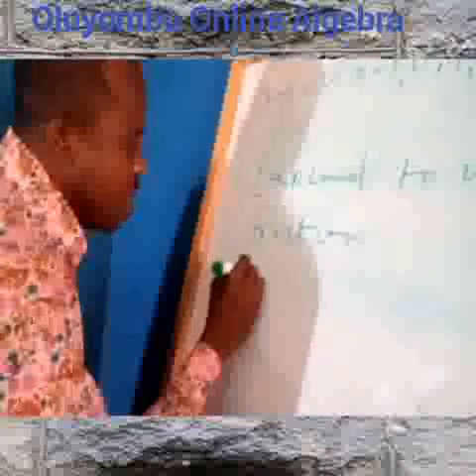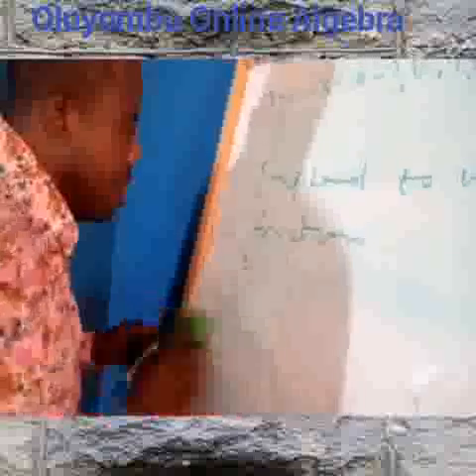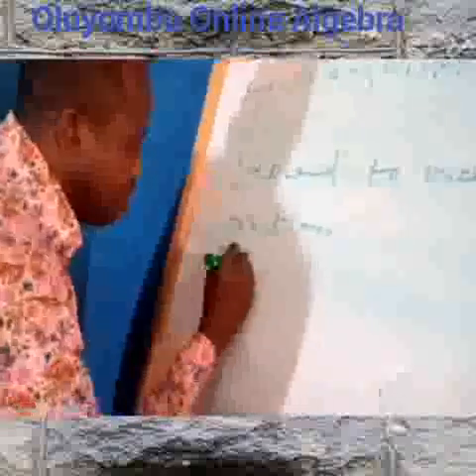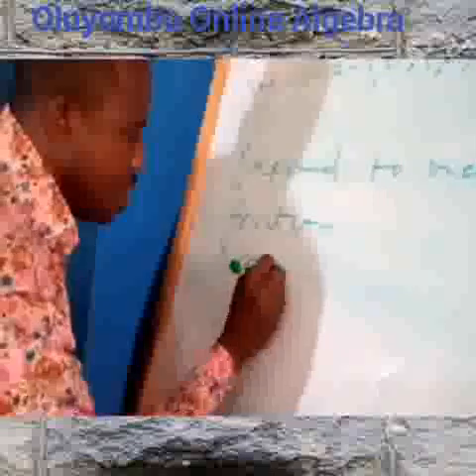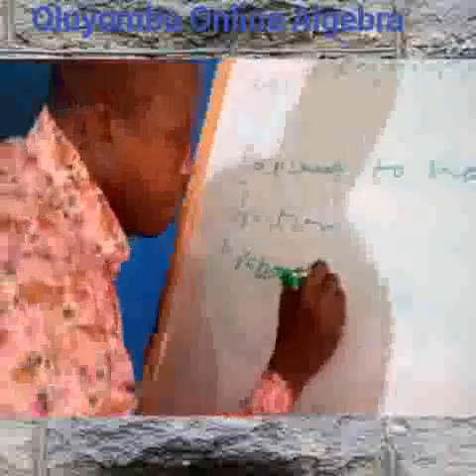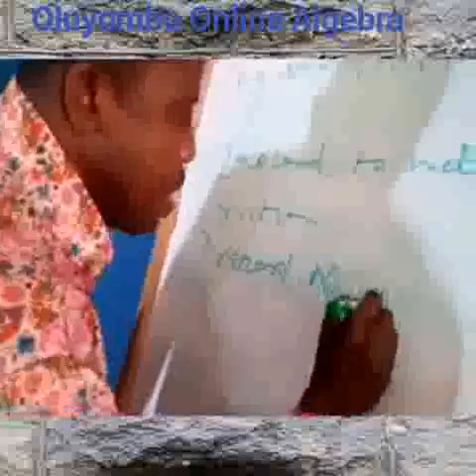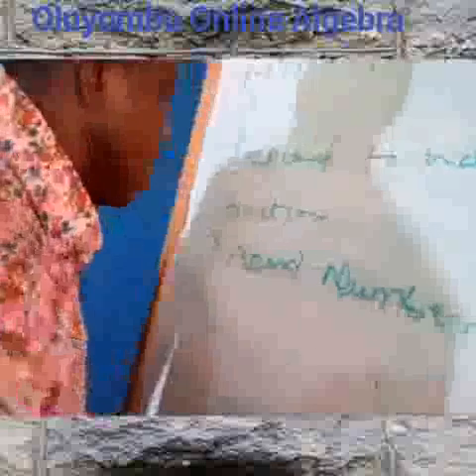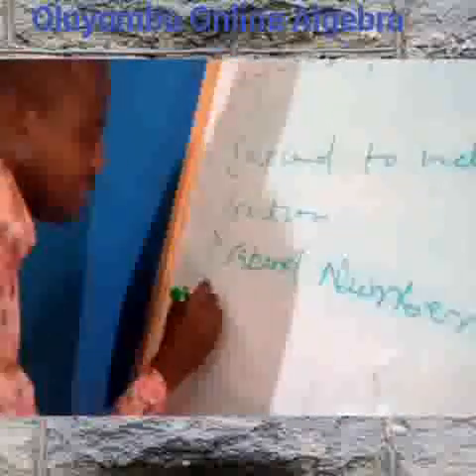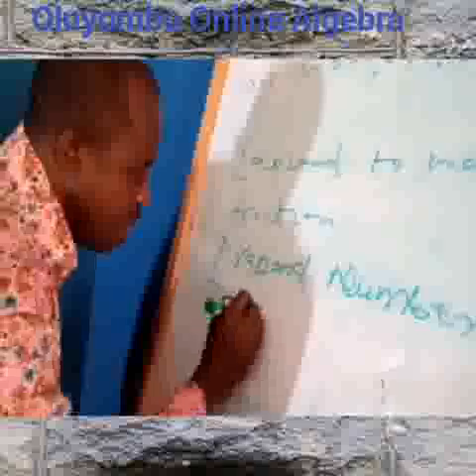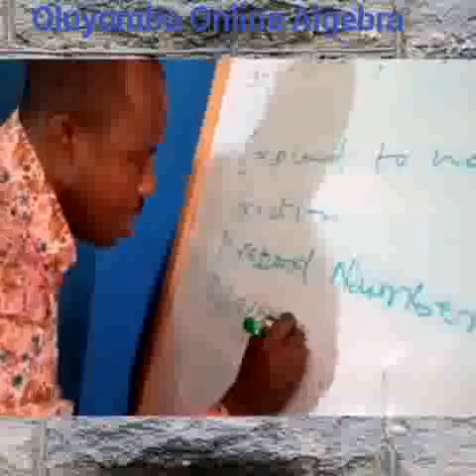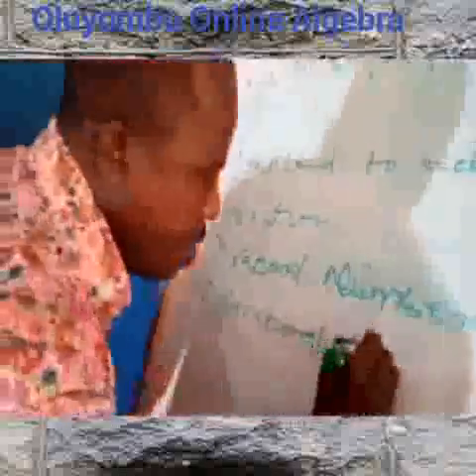One, rational numbers. Two, irrational numbers.